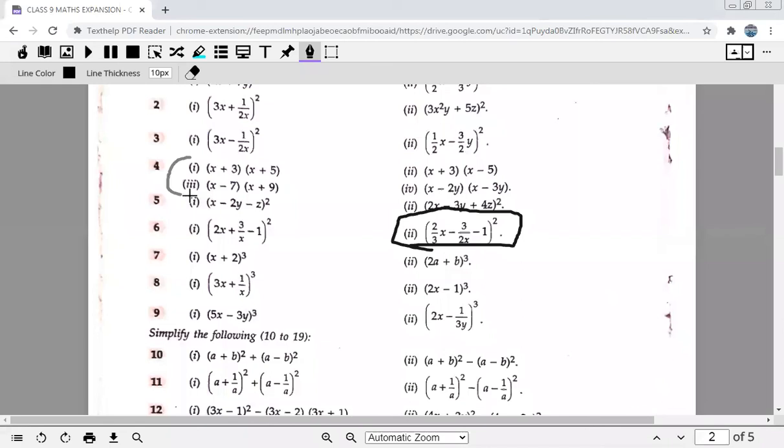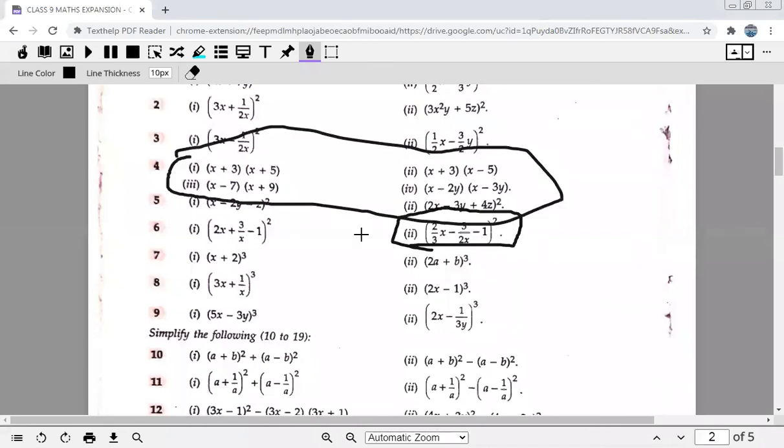Now, I am taking one more question here this time. Question number 4. I told that no need to learn any formula of this. Now you see here, I am taking one question here, fourth part of this. Question number 4, fourth part. x minus 2y and x minus 3y.